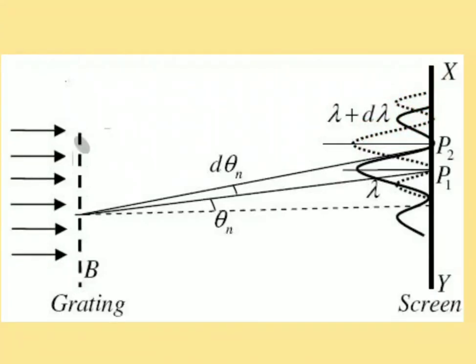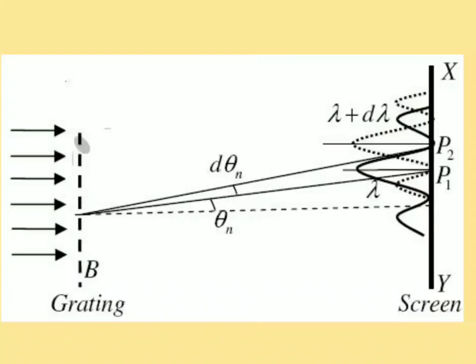So here on the screen we have to observe a just resolve case. What is meant by just resolve case? The minimum of lambda plus d lambda is formed at the central maxima of lambda, and the first minima of lambda is formed at the central maxima of lambda plus d lambda.